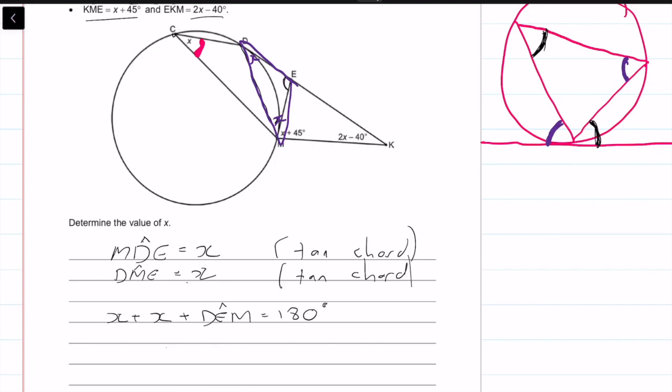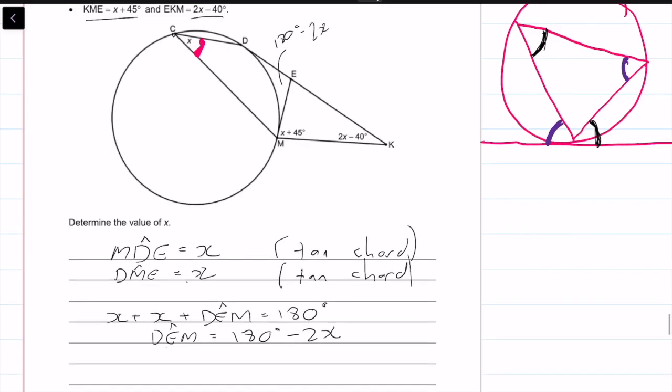So angle DEM is equal to 180 degrees minus 2x. Now we can clean that up again. Once again, this angle right here is equal to 180 degrees minus 2x.